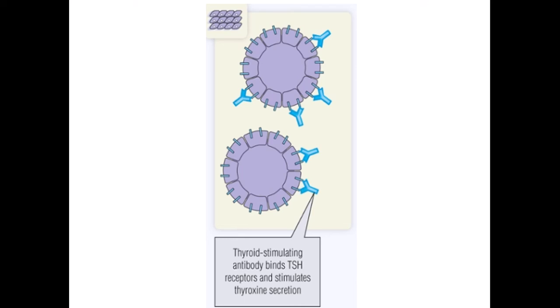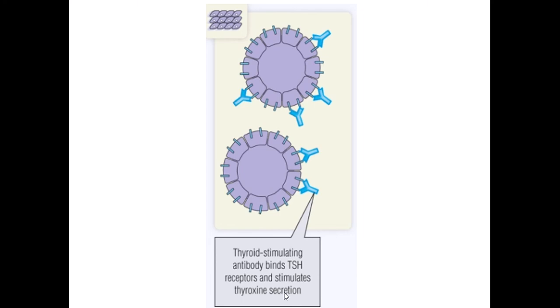into the thyroid stimulating hormone receptor. So the thyroid stimulating antithyroid antibody binds the thyroid stimulating hormone receptor, and the antibody binds to the receptor and stimulates thyroxine secretion.